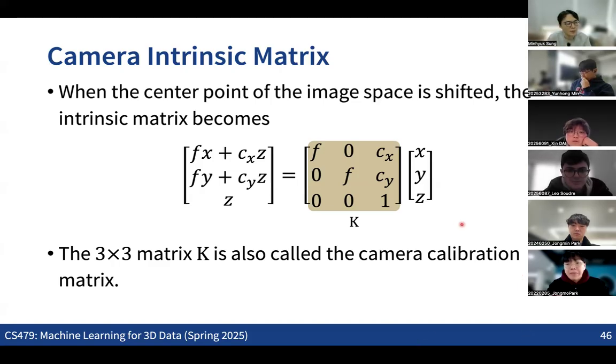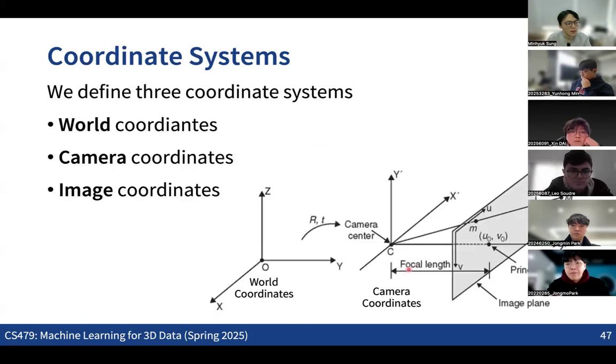But when we talk about multi-view images, we will define a local coordinate system in the 3D space with a different camera pose, right? Depending on where we put the camera and the view direction of the camera, we define a local coordinate system in the 3D space. That is called the camera coordinates.